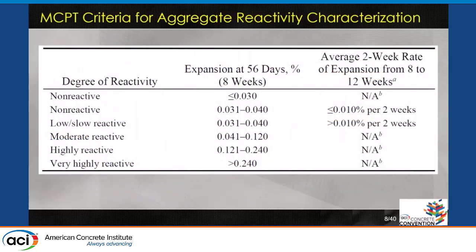For the expansion criteria when characterizing aggregates, you have a table in the standard that tells you what the expansion should be at different points in time to characterize the aggregate as non-reactive, or of low, moderate, high, or very high reactivity.